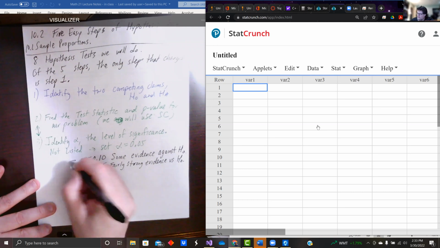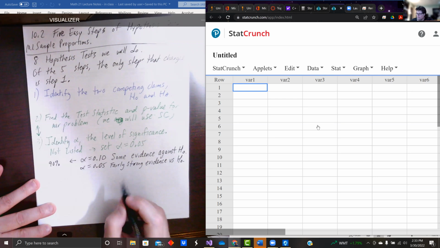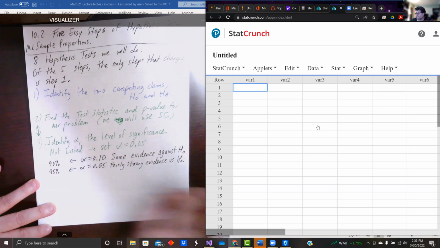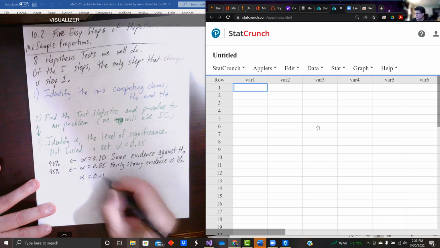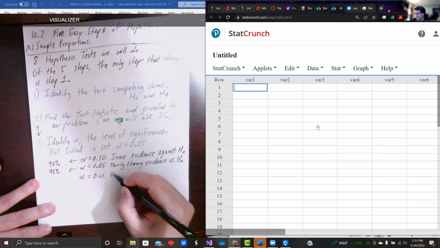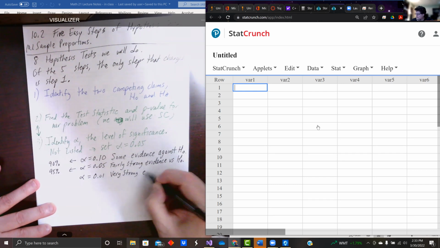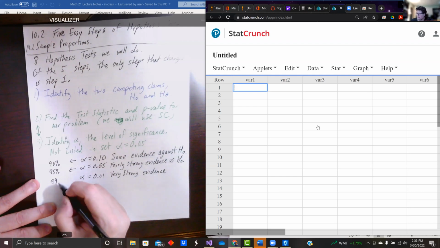And this is going to lead to, in general, a 90% confidence for the not equals. This is 95%. If we drop down to 0.01, we have very, very strong evidence against it. This is like 99%.